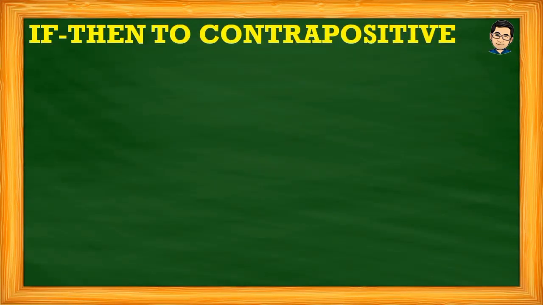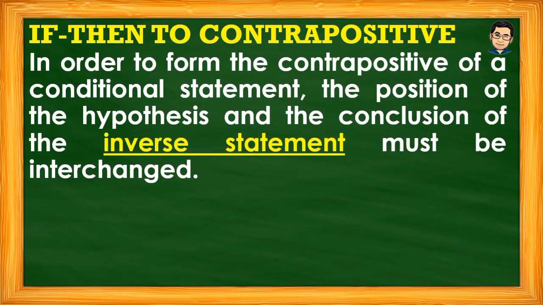And then, yung pinakahuli naman, so, how do we transform an if-then statement to its contrapositive statement? So in order to form the contrapositive of a conditional statement, the position of the hypothesis and the conclusion of the inverse statement must be interchanged. So inverse statement po natin, meron po silang negation words.